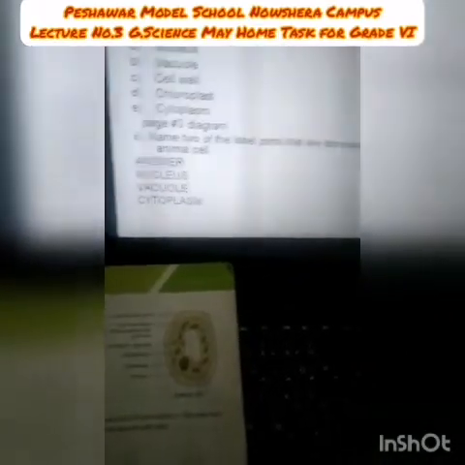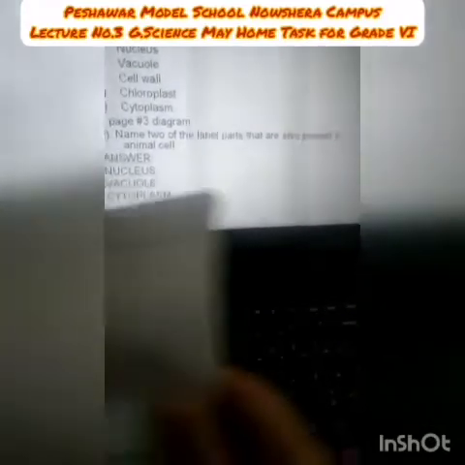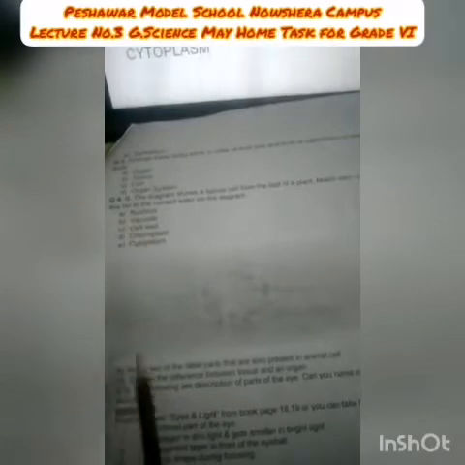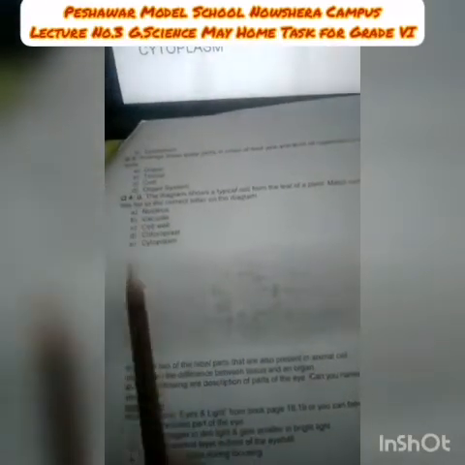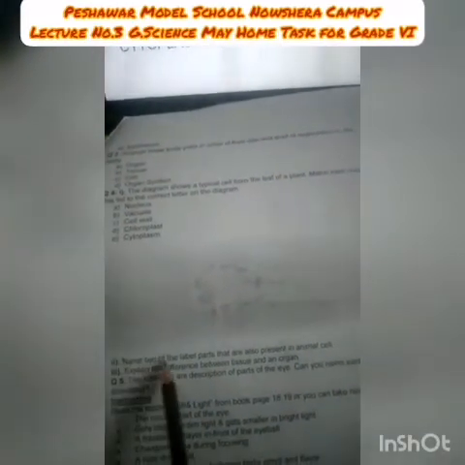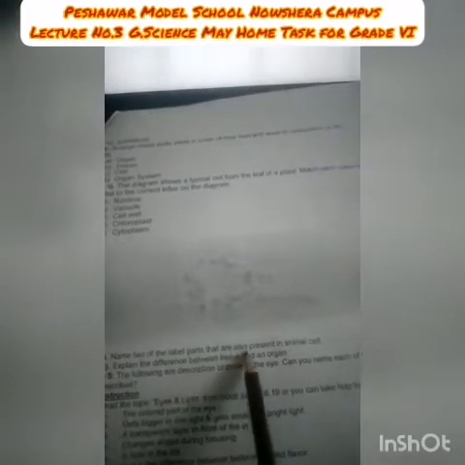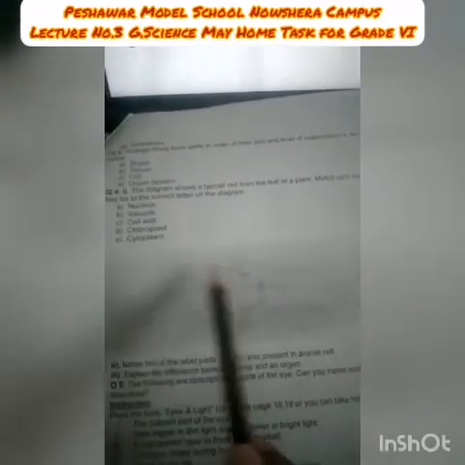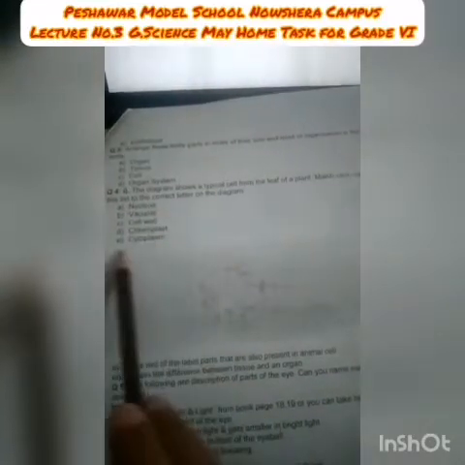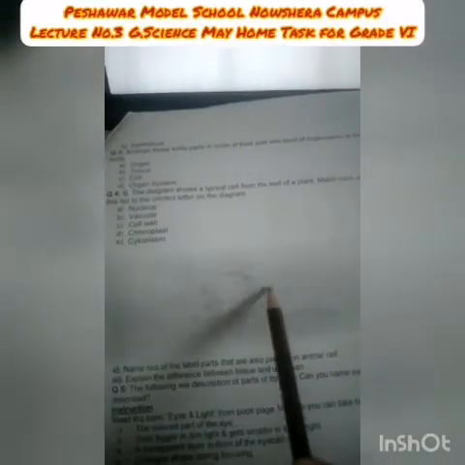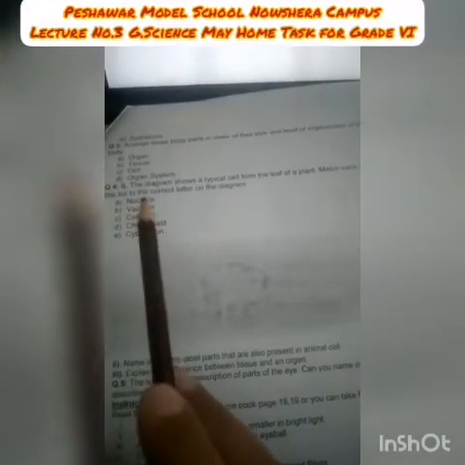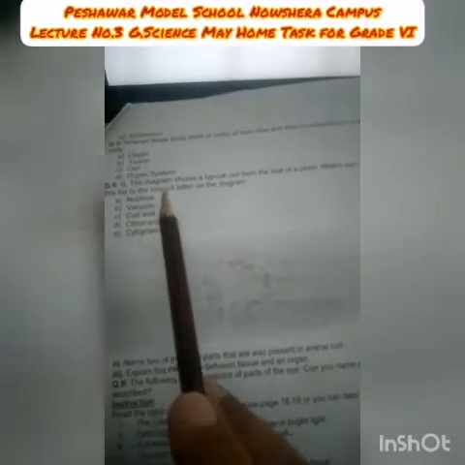Now the second question from the same diagram, part 2: name 2 of the labeled parts that are also present in an animal cell. This is a plant cell, and when you label these parts, you will find out which parts are also present in animal cells.